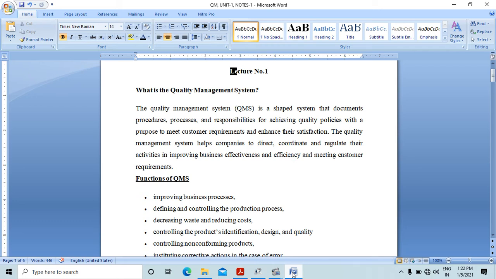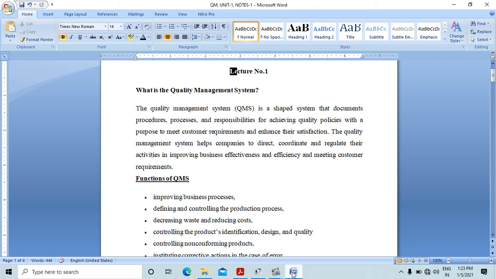The quality management system helps companies to direct, coordinate and regulate their activities in improving business effectiveness and efficiency and meeting customer requirements. Means the quality management system is a medium, or a mediator, between the customer requirements and the customer satisfaction.